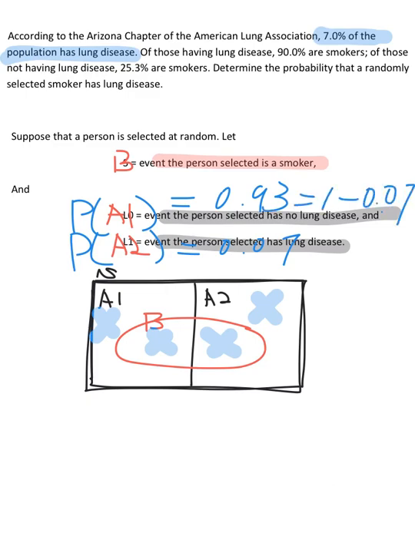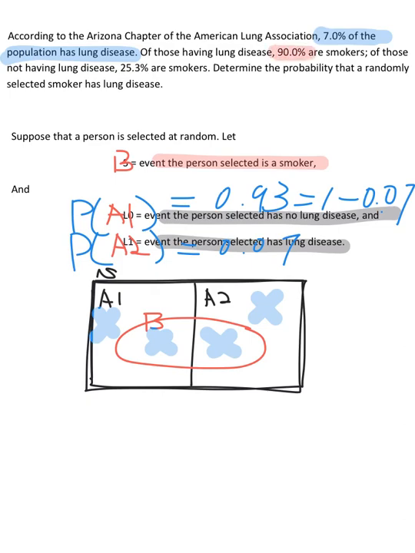At the beginning, we separate the sample space exactly into 2 groups, A1 and A2. So when I merge A1 and A2, non-lung disease, lung disease, it must be 100%, right? So even though 0.93 was not given, we can figure out the other one from 7%. 1 minus 0.07. Okay, then how about this one?